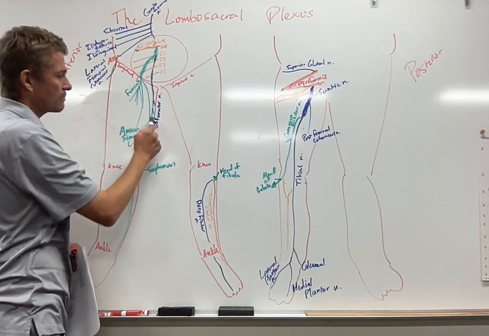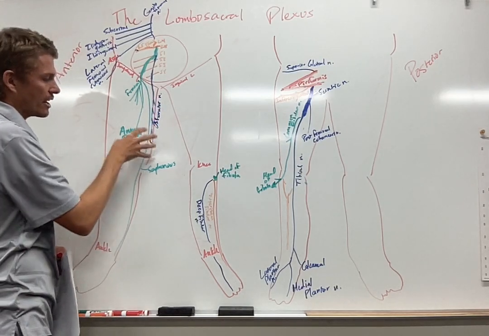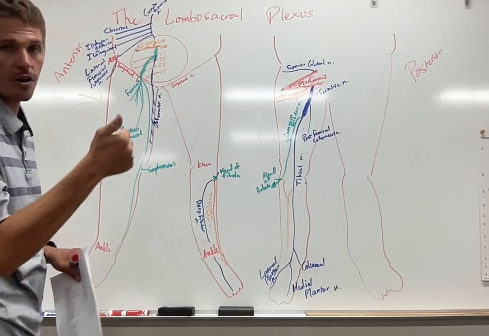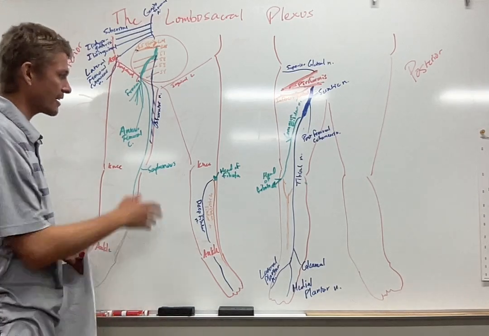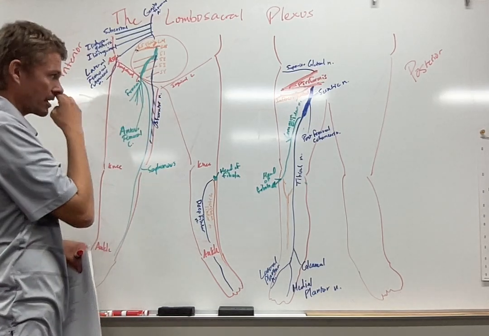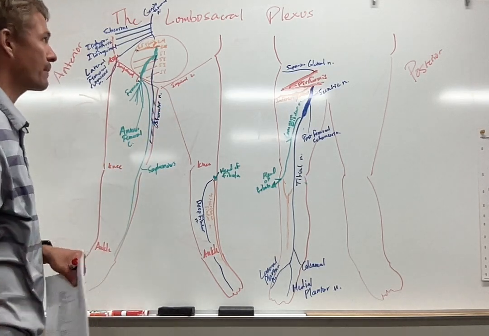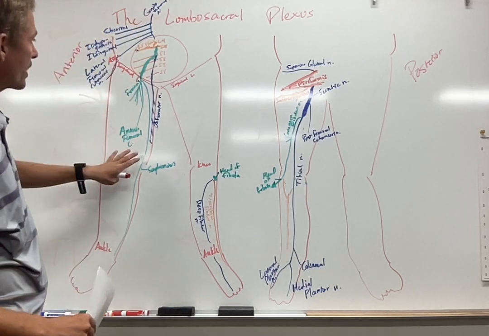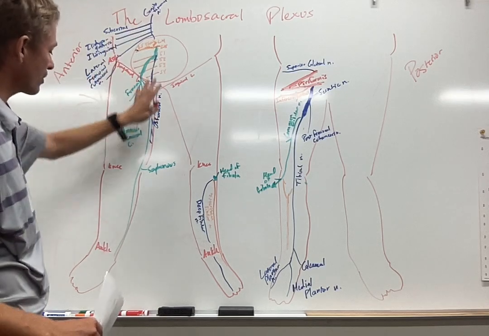And I have a bunch of these muscular branches coming off right here, because this obturator nerve is going to innervate these muscles of the medial region of the thigh, our adductors, adductor longus, adductor brevis, etc., adductor magnus. It's going to innervate these muscles of the medial compartment of the thigh, as well as a small skin portion on that medial thigh.